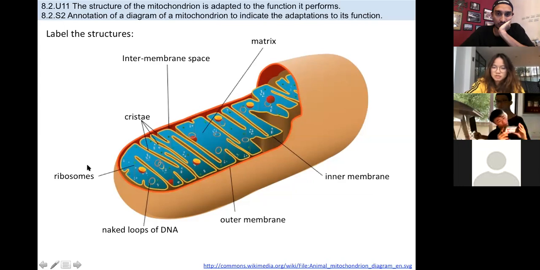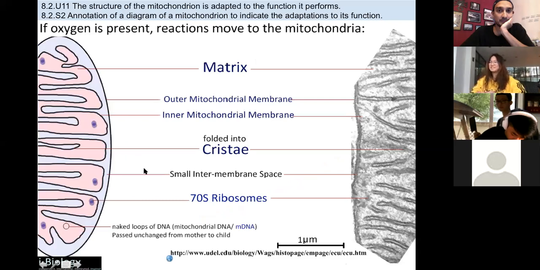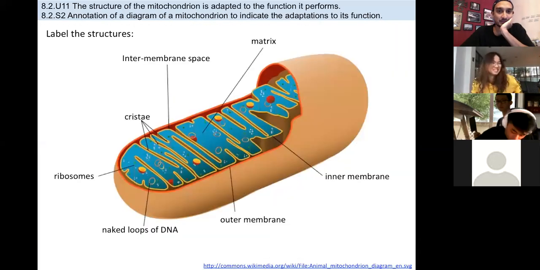The inner membrane is folded. So this yellow is the inner membrane, and it is folded, right? It's super folded, and then all around that is the outer membrane, this covering. Does that make sense though? Yep, it does.